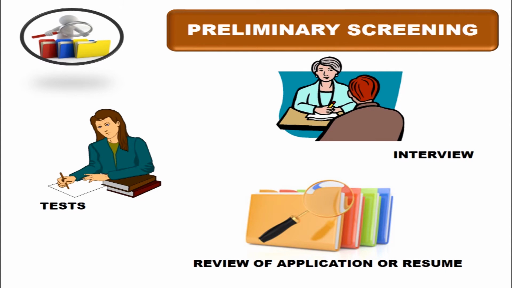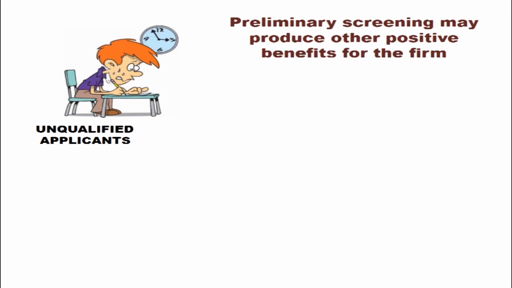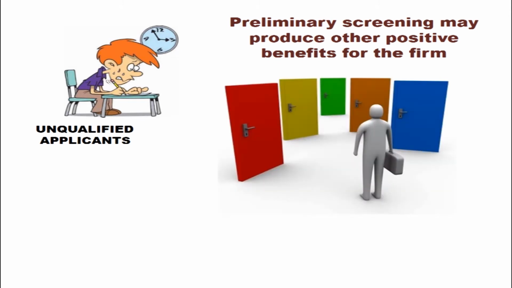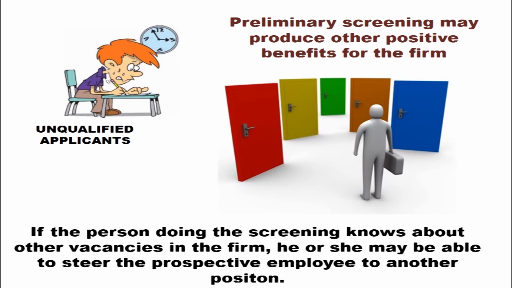In addition to eliminating clearly unqualified job applicants quickly, preliminary screening may produce other positive benefits for the firm also. It is possible that the position for which the applicant applied is not the only one available. If the person doing the screening knows about other vacancies in the firm, he or she may be able to steer the prospective employee to another position.